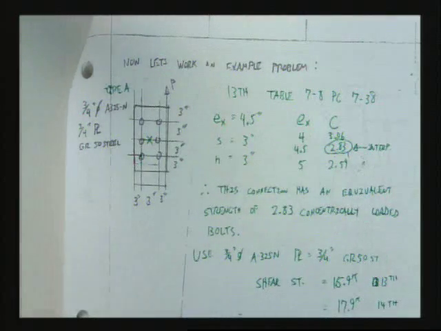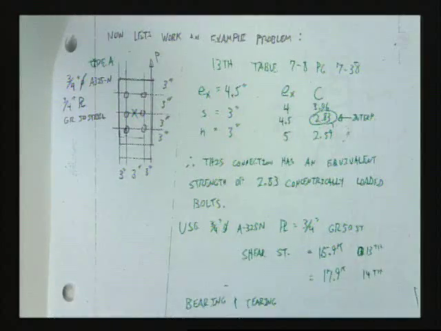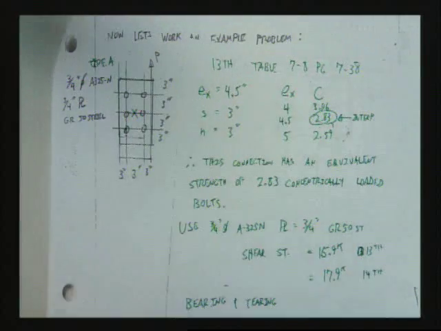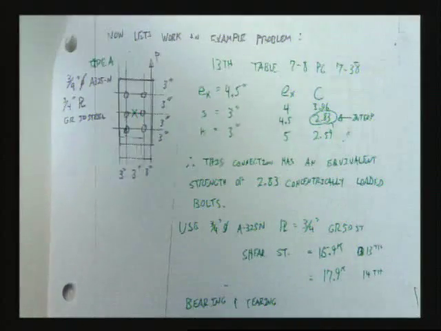We were working an example problem last time. If you recall, it was on the table around page 738 in the 13th edition, and now I'm looking in the 14th edition.